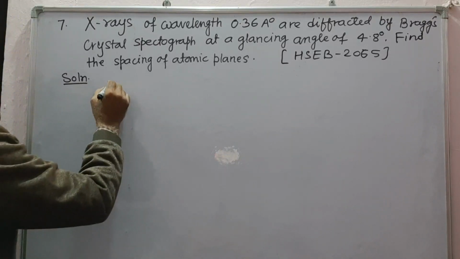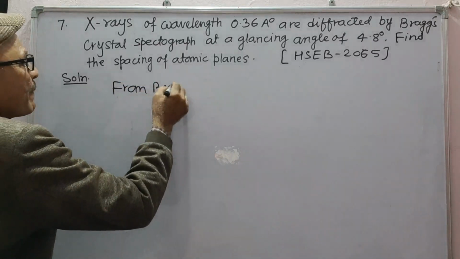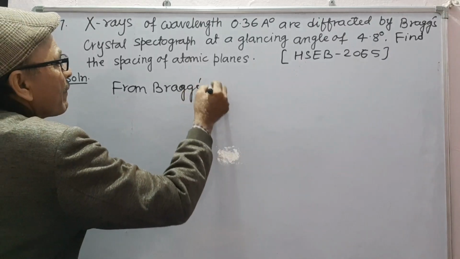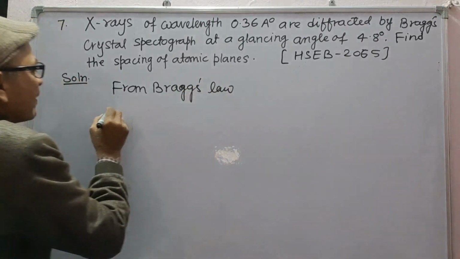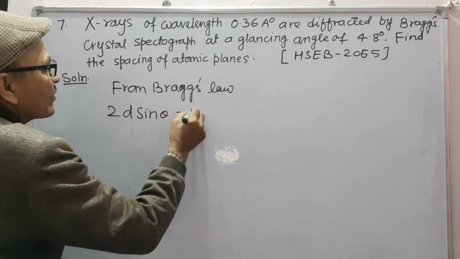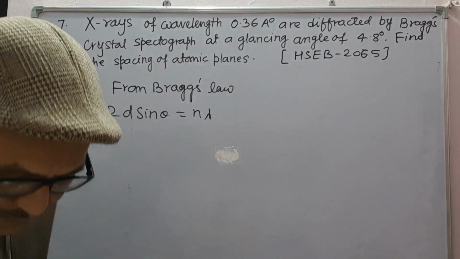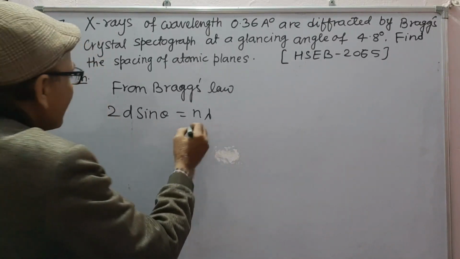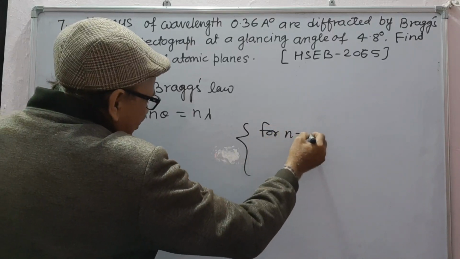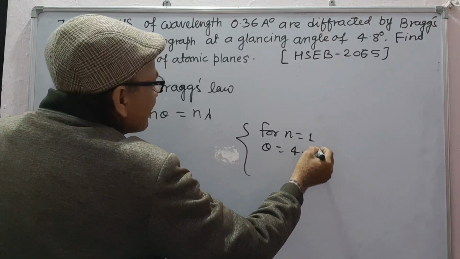Now, from Bragg's law, 2d sin theta is equal to n lambda. For n is equal to 1, theta is equal to 4.8 degree.